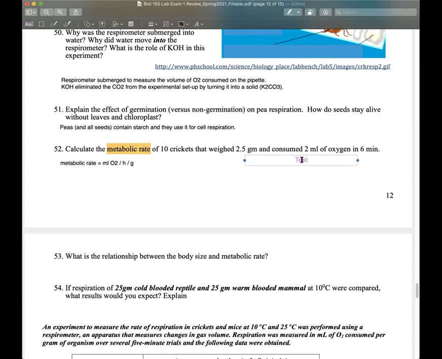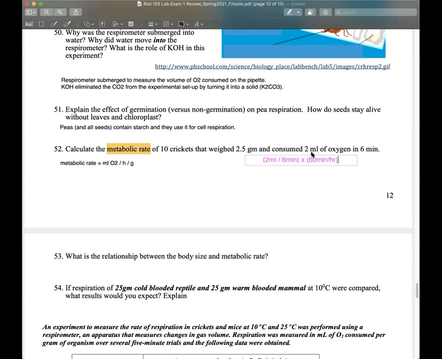All right, so we have 2 mils per 6 minutes. Now we want to eliminate that minutes unit and get it into an hour unit. So we're going to multiply that by 60 minutes per hour.